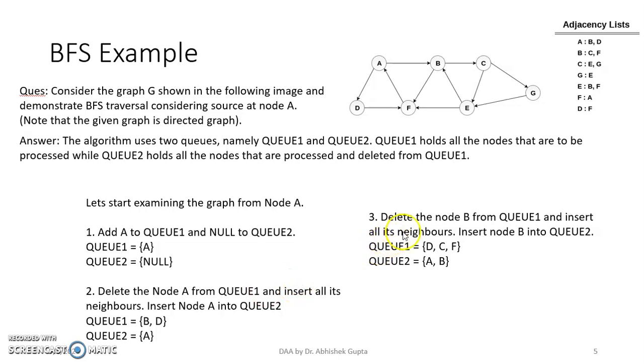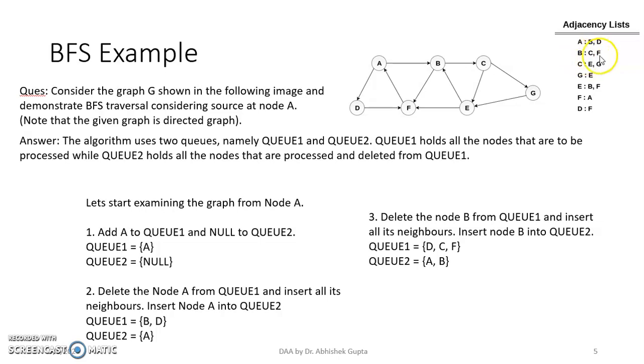Now we go to step 3, where we will process the node B or vertex B, and we will see the adjacent of node B, and when B is processed, then it will be deleted from Q1 and added into Q2. So here B will be deleted, and the adjacency list of B gives C and F, right?